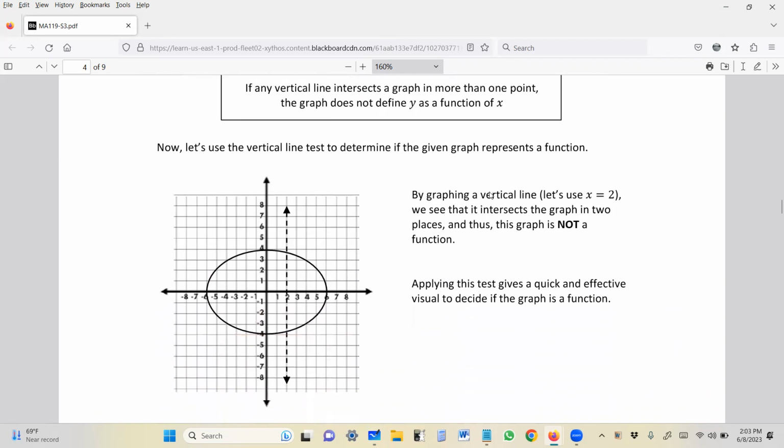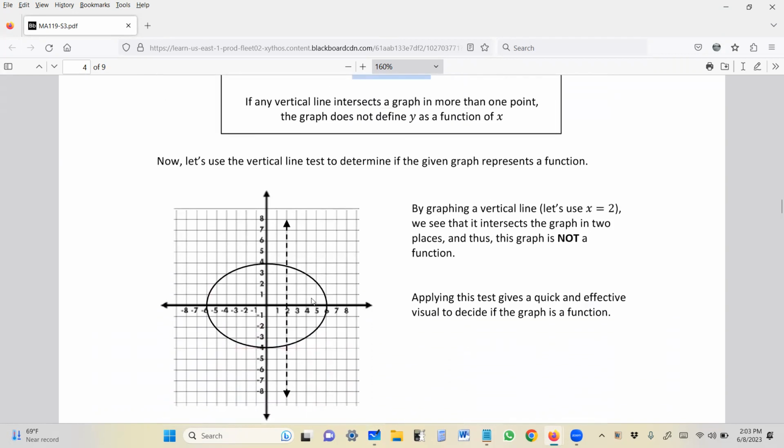Very, very easy. When you are given the graph of something, any graph, you're going to get a vertical line, as you see here, this dashed line, and you're going to go from left to right with this vertical line, and you're going to identify if the vertical line intersects the graph that you were given in more than one location.